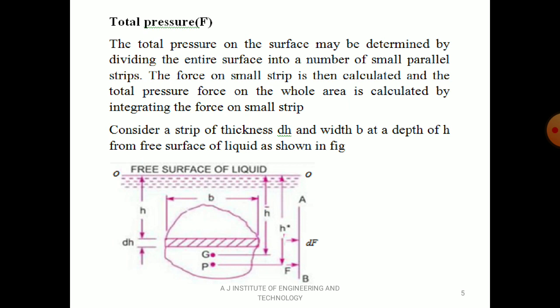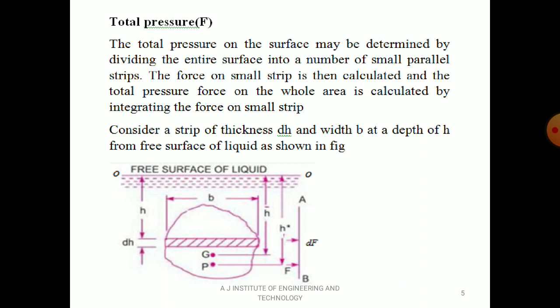For example, you can see in the diagram I have considered one small area of thickness dh. If you calculate the expression for total pressure for that area, then you can get the expression for total pressure of the entire surface by just integrating it. Integration means summation. So by integrating the total pressure force on the small strip, we can get the total pressure force for the entire area.